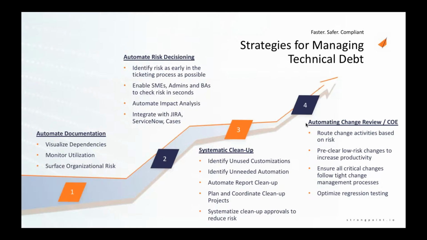And then we're also going to talk about automating change review and center of excellence. As you can probably see from the story we told so far, if you have completely comprehensive documentation, you have automated risk and impact analysis assessment, and you're cleaning up things so that you have the smallest number of things to analyze when you're making decisions, then you can actually start to route things to different forms of change review rather than having everything go through the center of excellence.